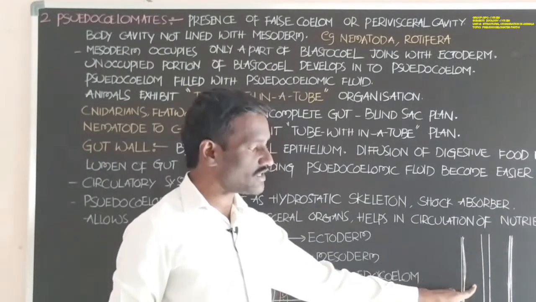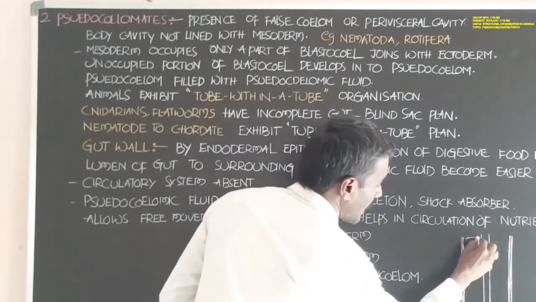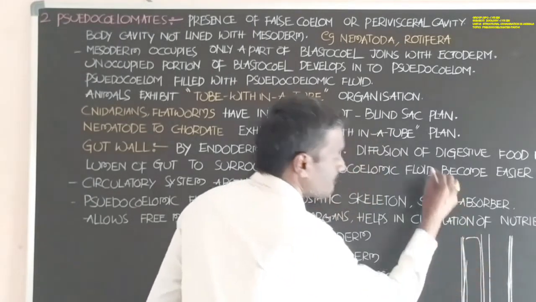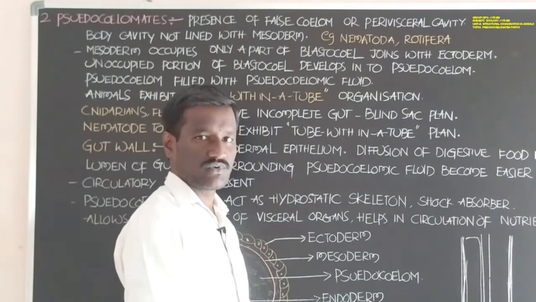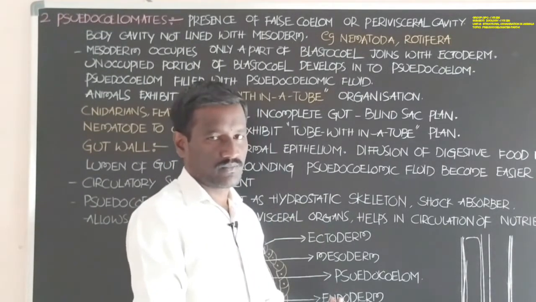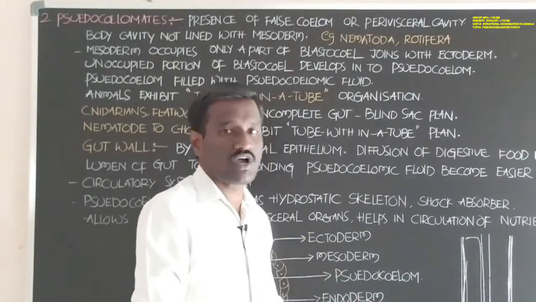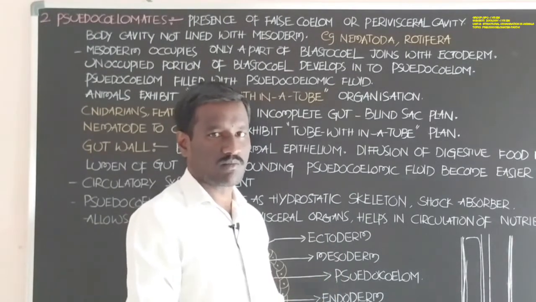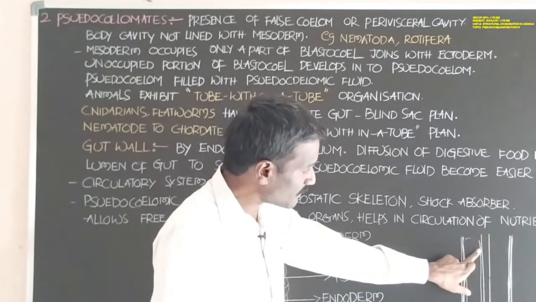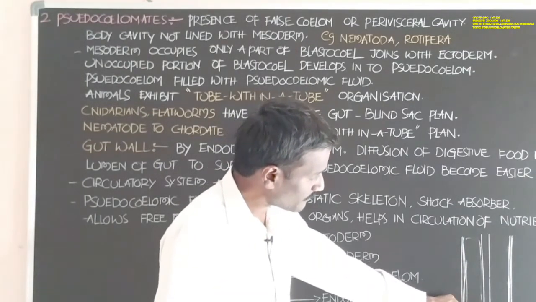The body cavity is not lined with the mesoderm, so it is not a coelom. It does not show the secondary coelom or true coelom because it is not lined with the mesoderm layer.